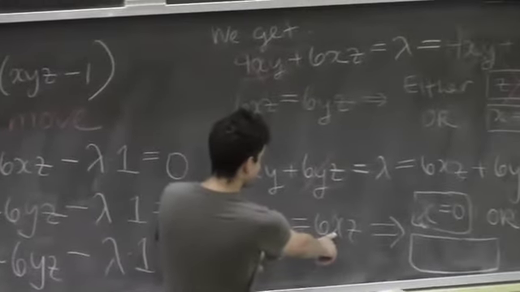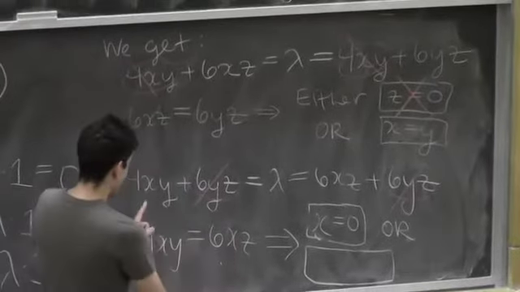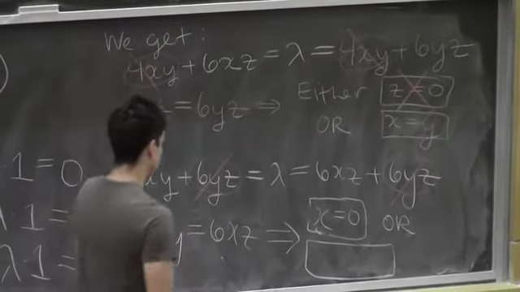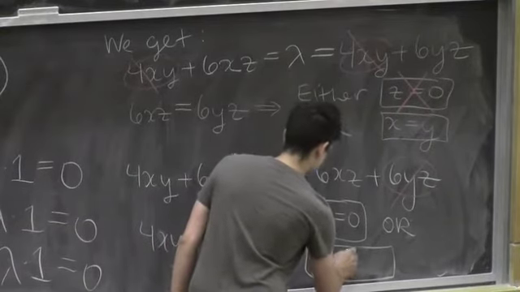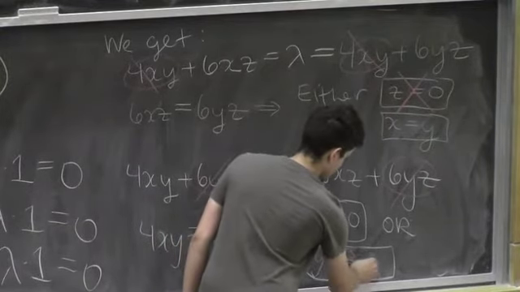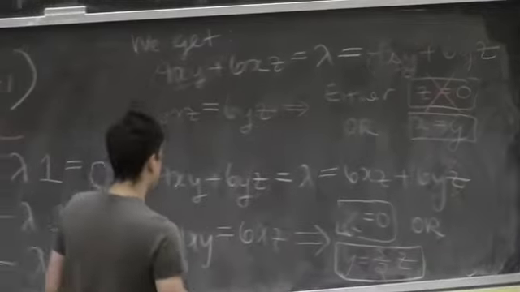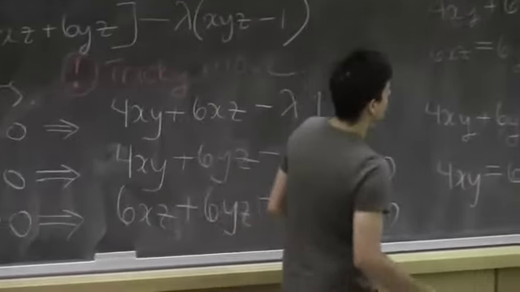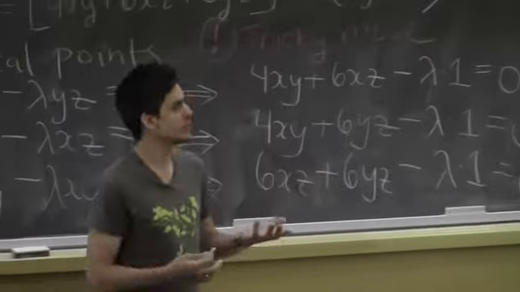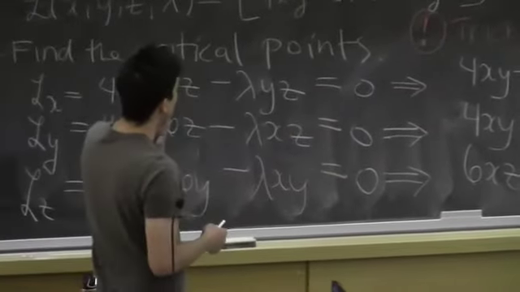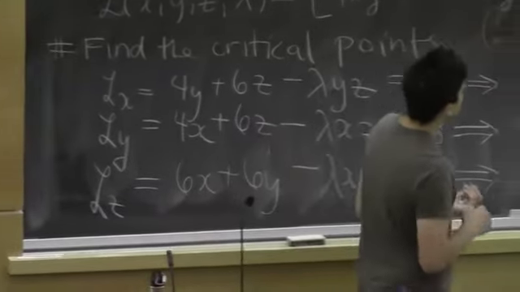Either these guys cancel, or y is 2/3 z. Sorry, y is 3/2 z. So this one, we would have no volume, and now we've got our constraints on what happens. So that totally constrains where the optimum can be.